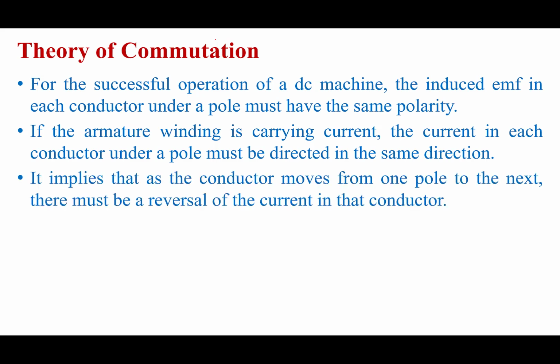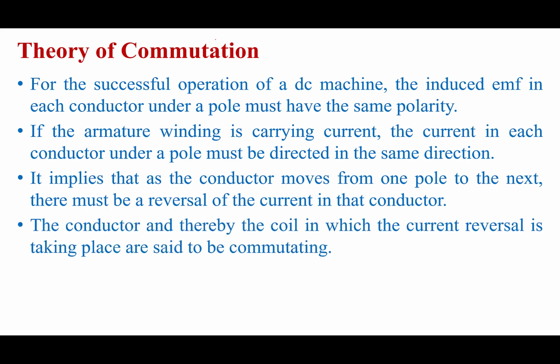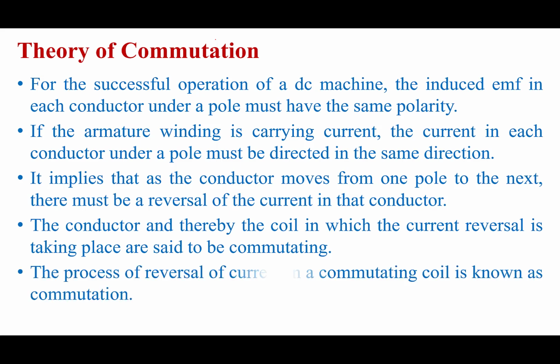And as it moves further from one pole to the next, what will happen? There is a reversal of current in that conductor. So the conductor, and thereby the coil in which the current reversal is taking place, is said to be commutating. The process of reversal of current in the commutating coil is known as commutation.